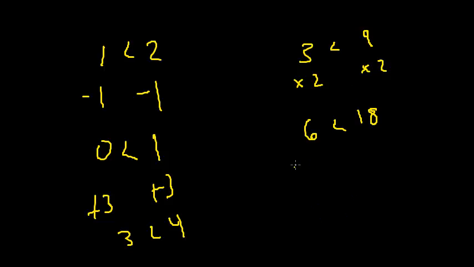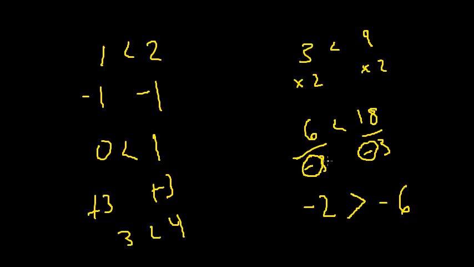If I were then to divide both sides by, say, negative 3, 6 divided by negative 3 is negative 2. 18 divided by negative 3 is negative 6. Negative 2 is greater than negative 6. So this sign that I've been using, the less than, is no longer true. I need to flip it. And the reason for that is anytime I multiply or divide by a negative number, I need to flip the sign.